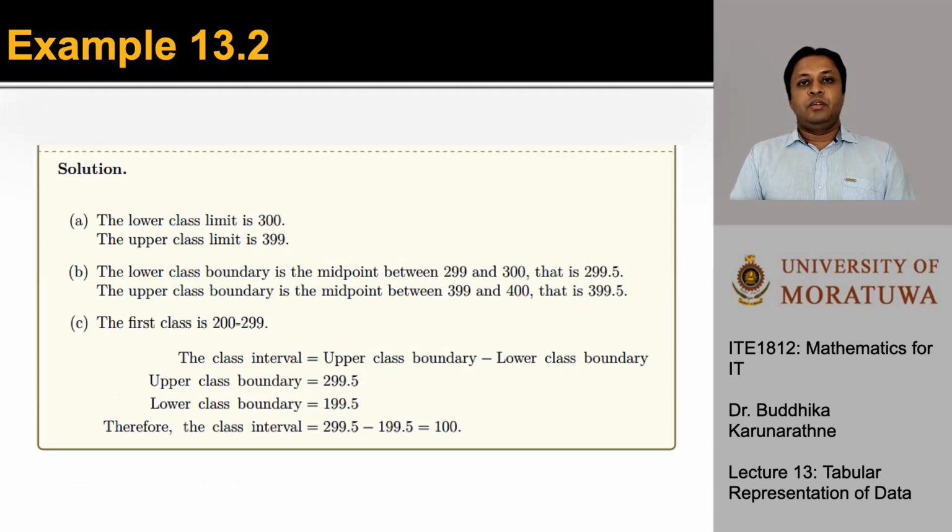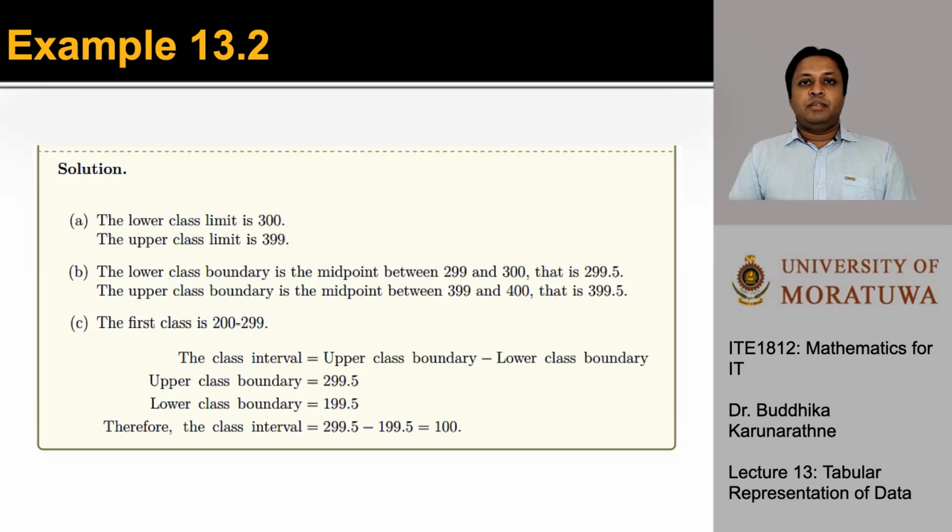How do we get the lower class boundary? It is the midpoint between 299 and 300, so that is 299.5. Similarly, the upper class boundary is the midpoint between 399 and 400, so that is 399.5. That's how you get the lower and upper class boundaries for the second class.